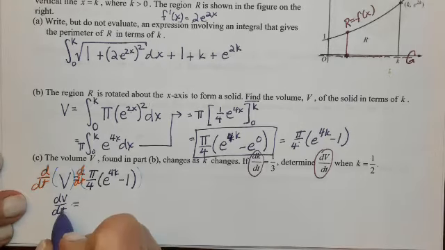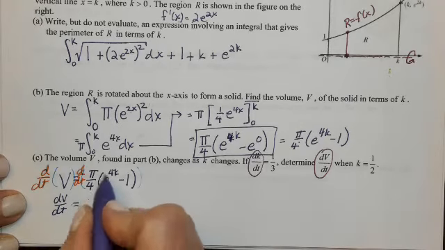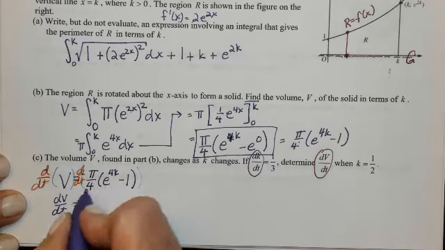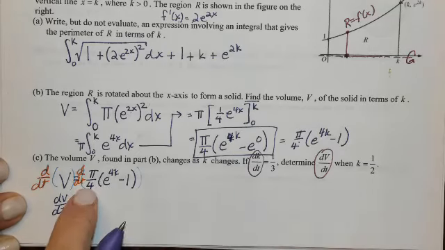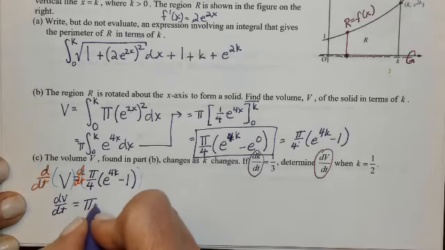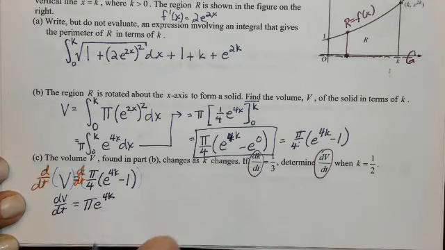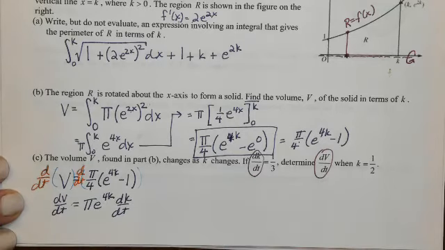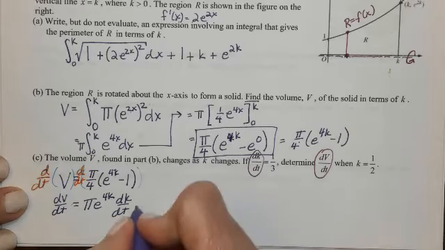So dV/dt, and over here, the derivative of this with respect to t. The derivative of e to the 4k is 4e to the 4k, and the 4 is going to reduce with this 4 here, and I'm going to be left with just pi e to the 4k dk/dt. Don't forget that. Because we're taking the derivative with respect to t, we need that. Okay, we took the derivative.